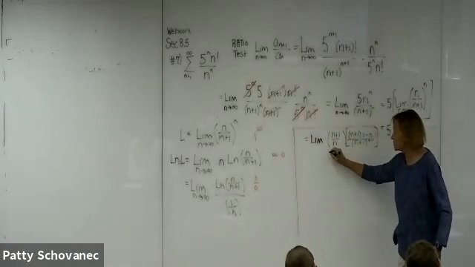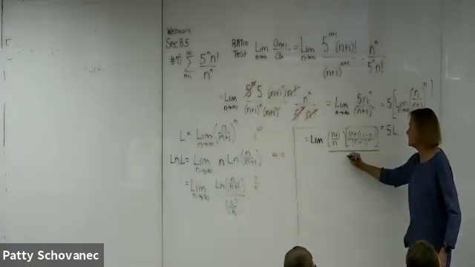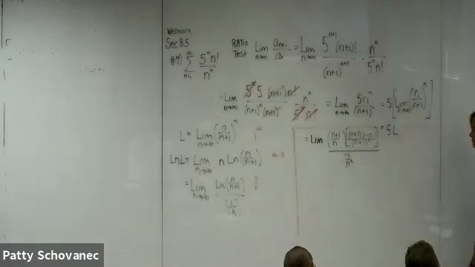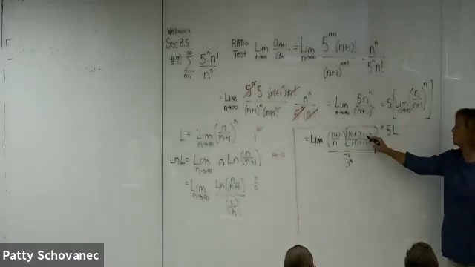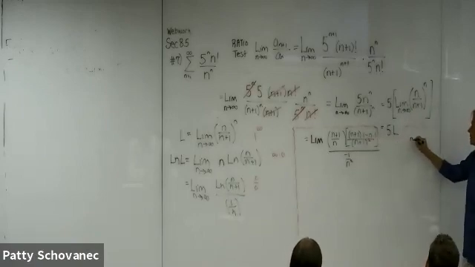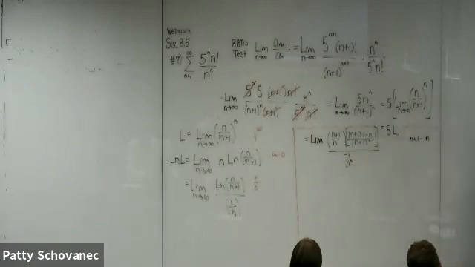And then downstairs, the derivative of 1 over n is negative 1 over n squared. So just inside this box here, I have n plus 1 minus n. So that's just going to simplify to 1 over n plus 1 squared.